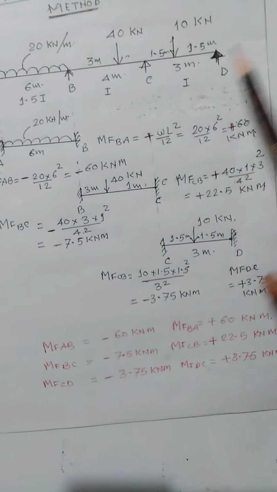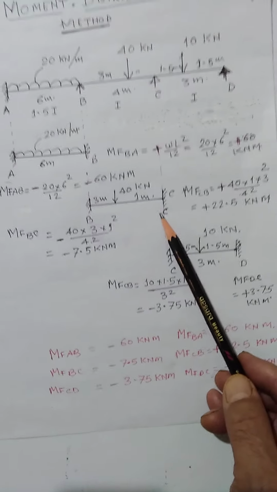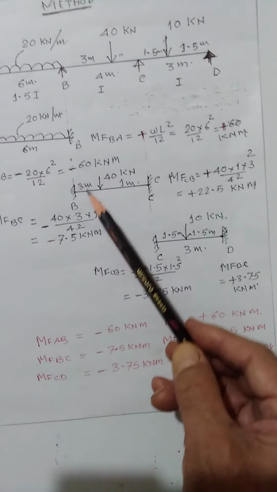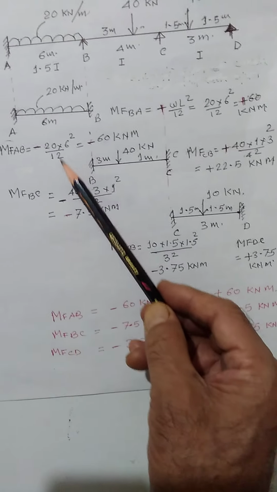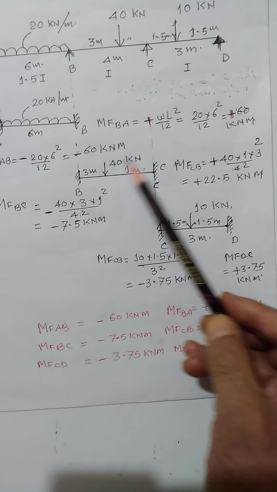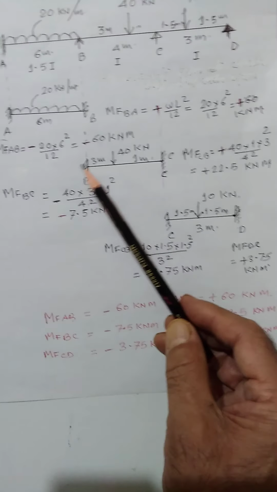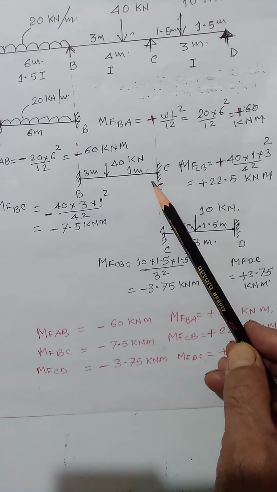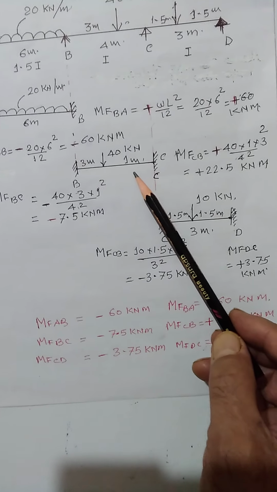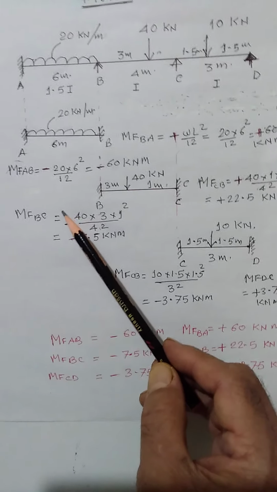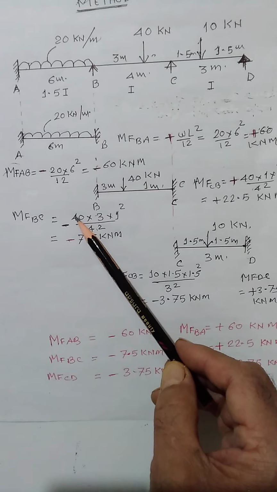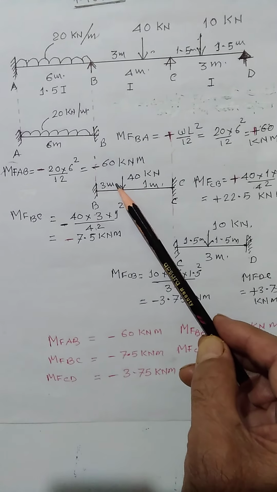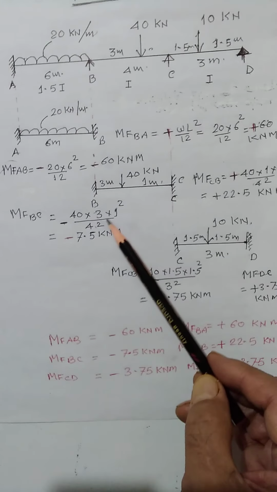Consider each and every span as a fixed one, take the loading and draw it separately, and find out the fixed moments at B, C and CB. It is W a b square upon L square, where L is now 4. So MBC is equal to W a b square upon L square.